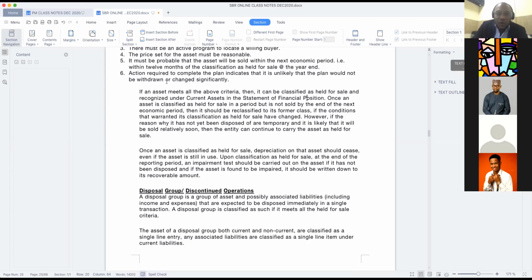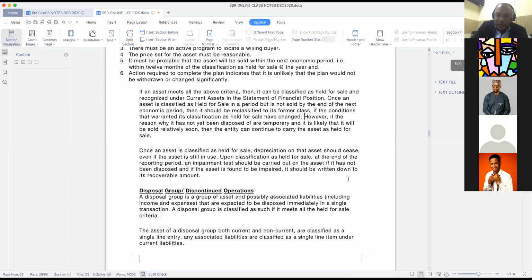Like we said, once the asset is classified as held for sale in a period, but it is not sold by the end of the next economic period, then it should be reclassified to its former class if the conditions that warranted its classification as held for sale have changed.